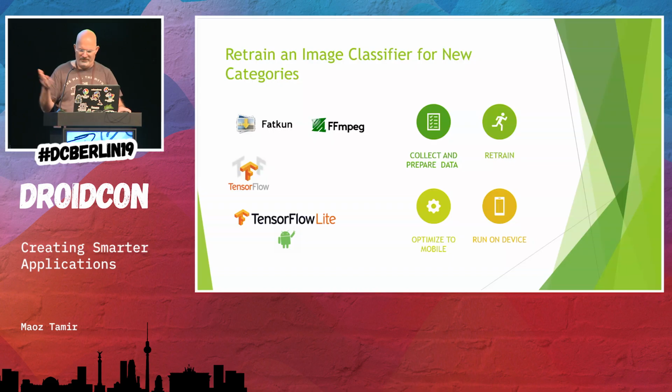FatCow, if anyone knows it, is a very easy plugin for Chrome that helps you collect images from your search page. Just download them. FFmpeg is a very, very old tool, but very helpful.